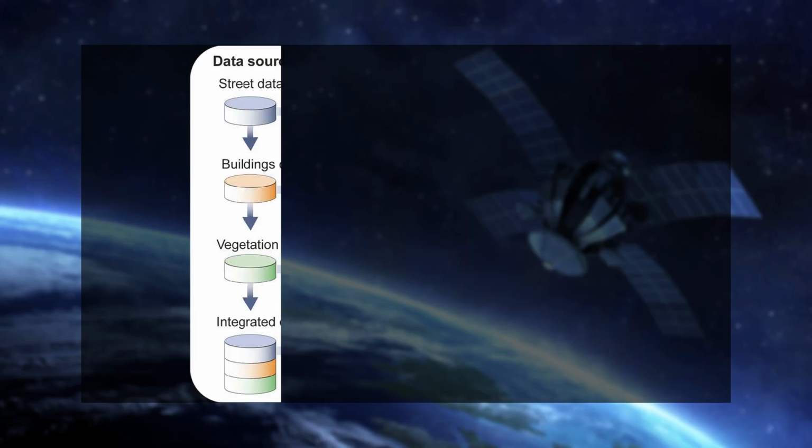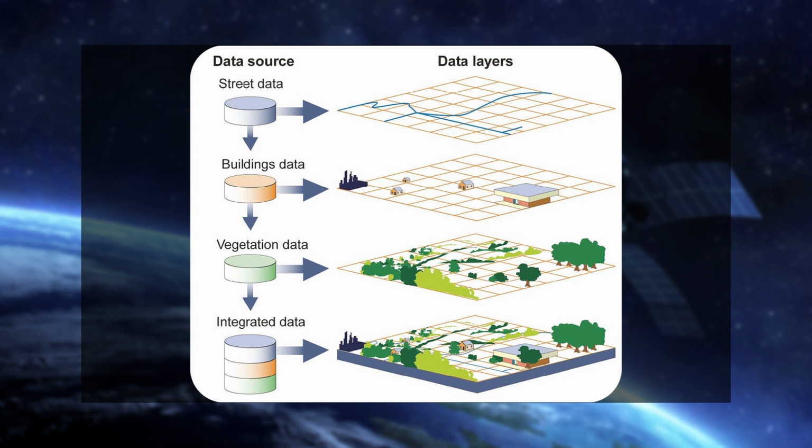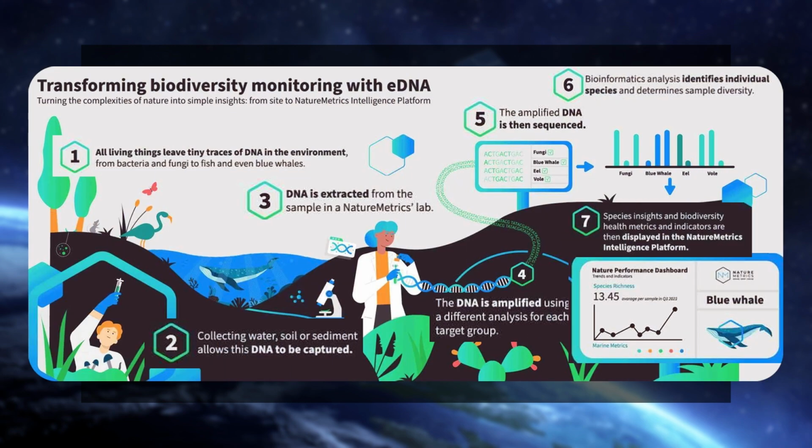Technology plays an increasingly vital role in biodiversity conservation with tools like remote sensing and geographical information system, that is GIS, allowing scientists to monitor large landscapes and track changes over time, while drones, camera traps and environmental DNA, that is eDNA, offer innovative ways to monitor wildlife populations and habitat conditions.